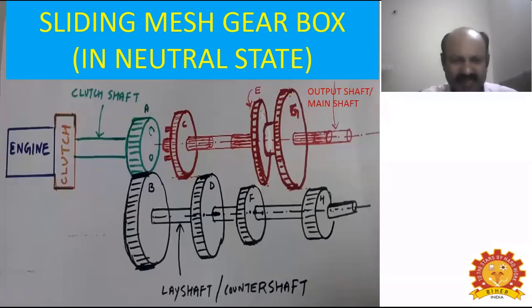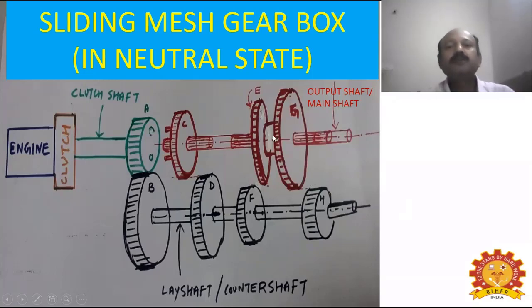Whenever gear D, F or H gets engaged with any of the remaining gears available on the output shaft, only then will power be transmitted to the output shaft. At present, only the clutch shaft gear and lay shaft gears are rotating, but the main shaft gears, shown in red color, are not rotating because they are not meshing with any of the gears available on the lay shaft.